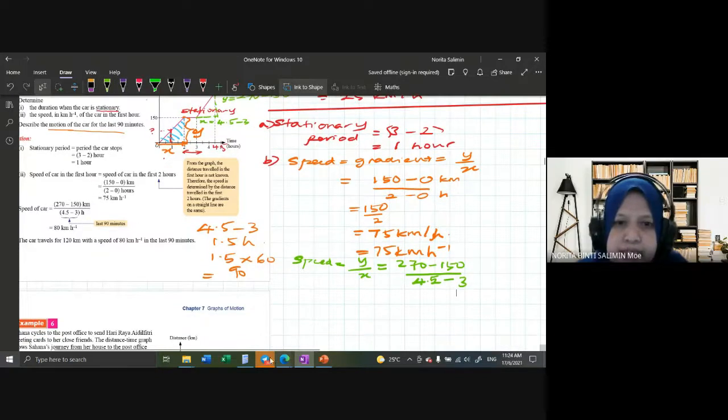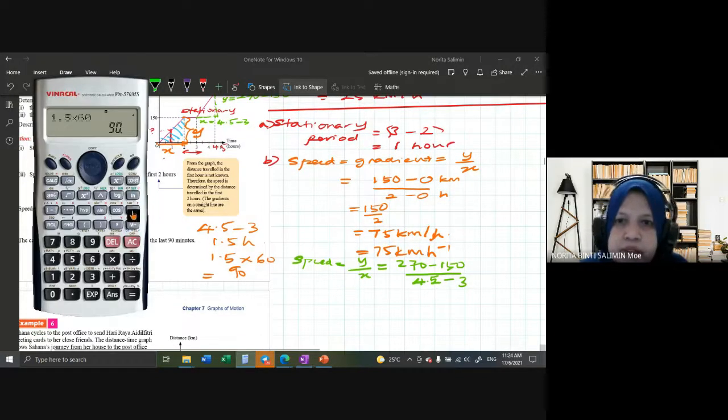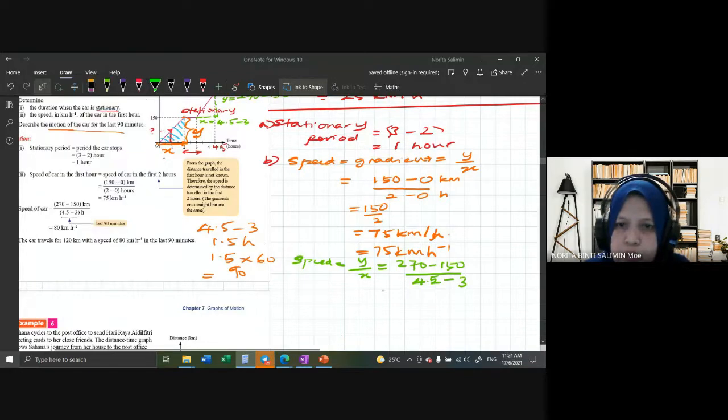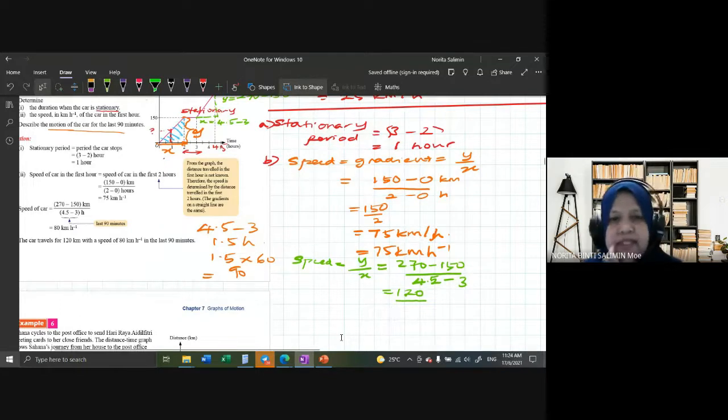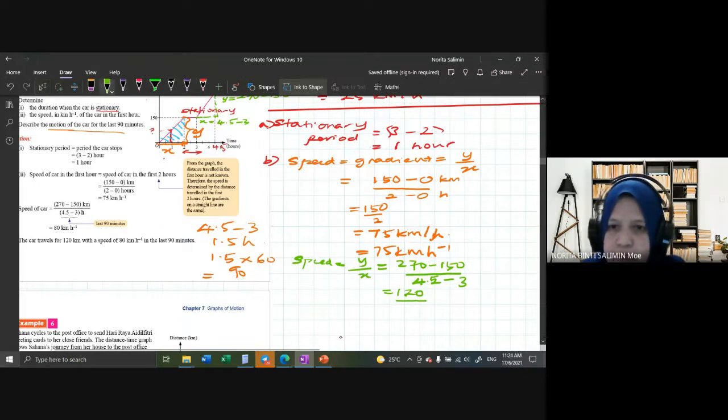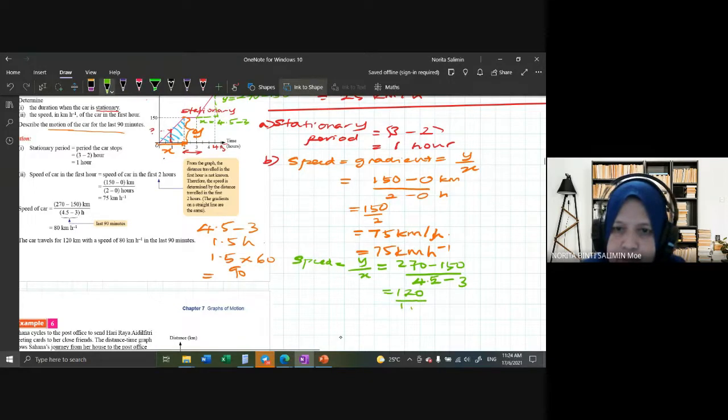Then we use the calculator. 270 minus 150 is equal to 120, so y is 120. Then divide by 4.5 minus 3, which is 1.5. Then we use the calculator.